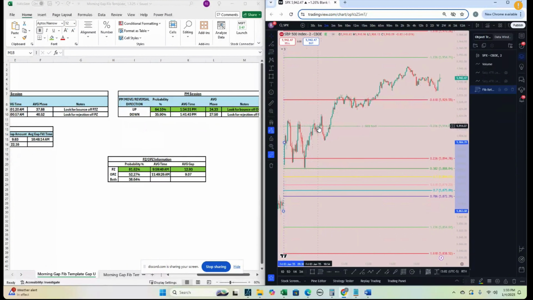Tuesday through Thursday are our moving days. Fridays, everybody's 0 day for the most part. So Fridays, if you don't want to trade SPX, trade something else that's going to be cheaper than SPX and still make a lot of money, and you can still use gap fibs. I just don't have the statistics on all the other ones. My statistics are more catered to SPX.